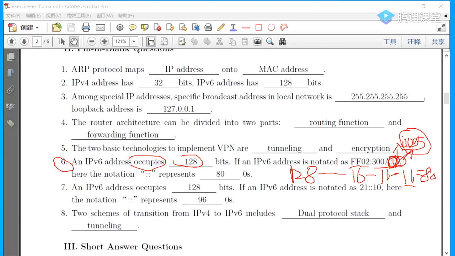These three zeros are not represented by the double colon here. So 128 minus 16 times 3. Okay, do you understand?